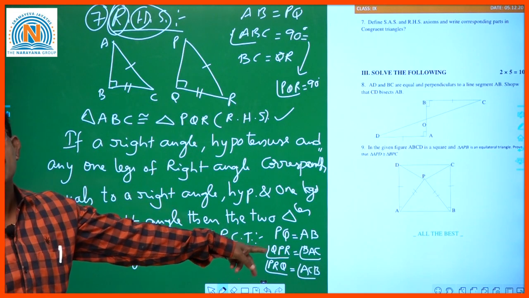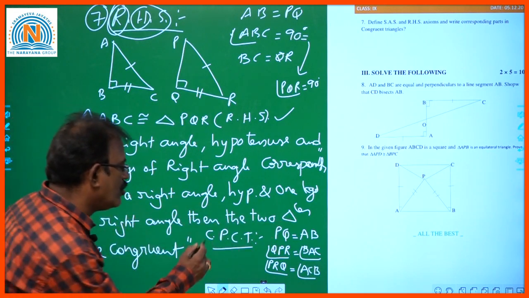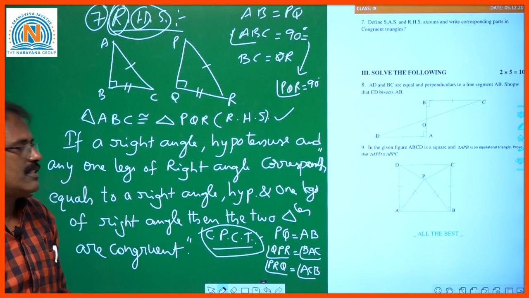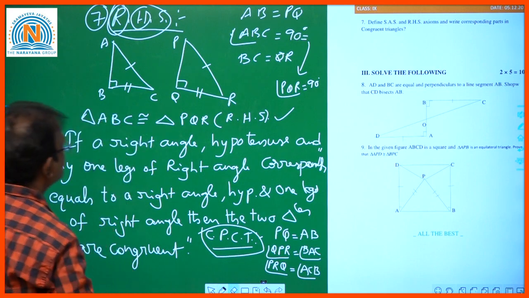So two angles, one side. These three are called CPCT parts, children. Okay. So our next question.